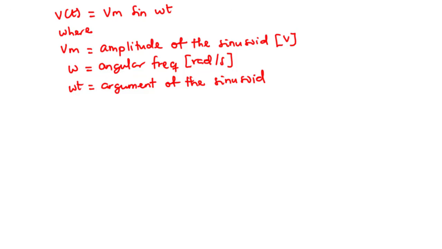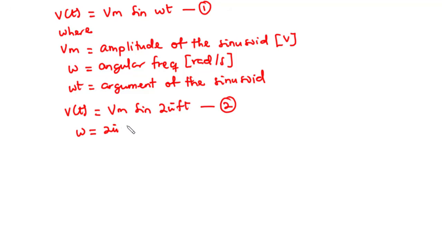Now, we can as well express the sinusoidal voltage, that is V of t, as Vm sine 2 pi ft. Now let's call this equation 1 and let's call this equation 2. So comparing the two equations, we can say that omega is equal to 2 pi f, where f is the frequency of the sinusoid, or better still, the frequency of the signal, and we have that in hertz.